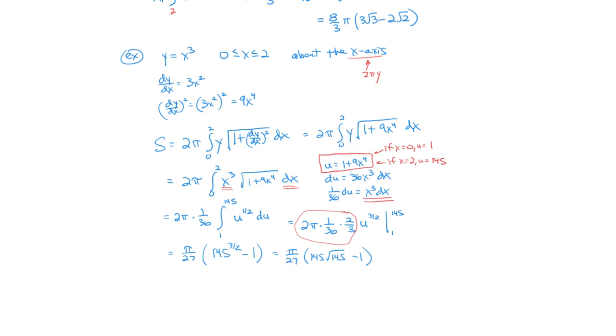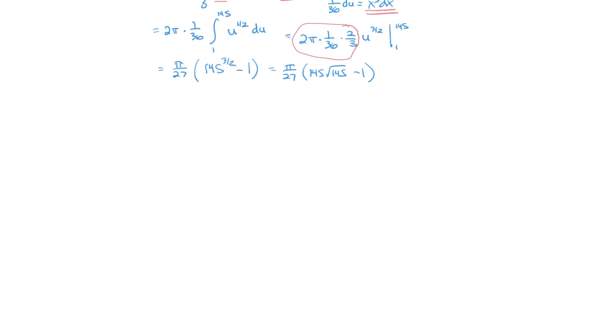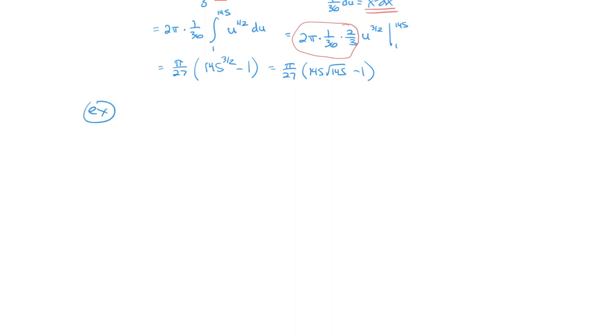So just to show you that it works either way, although it's going to be much easier this way, I'm just going to show you we could set it up another way. Okay, so let's do the same problem again. We've got y equals x cubed, and x is between 0 and 2. We're going to rotate about the x-axis.